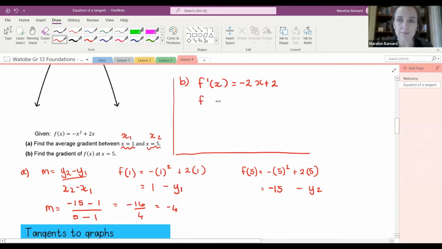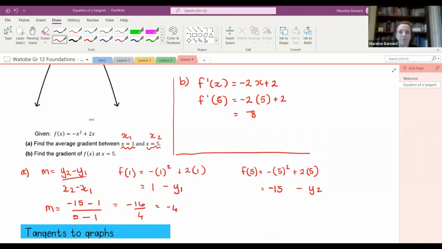Also, you can DM Coco if you are stuck on anything in particular and you want to ask a question. She is available. She's our teaching assistant. So you're more than welcome to give her a shot. Now we want the gradient at the point where x is equal to 5. So we sub that in, plus 2, and we get negative 8. Wonderful.